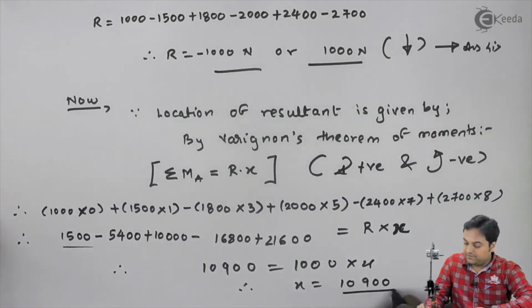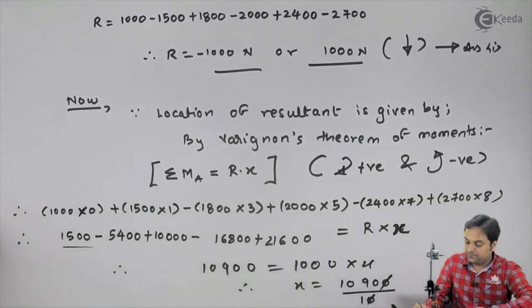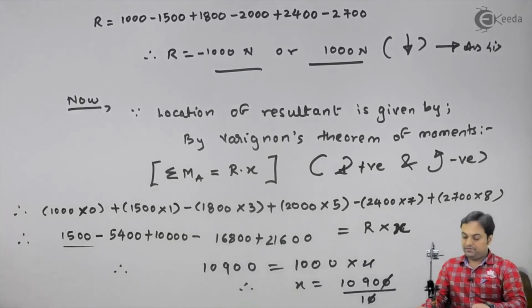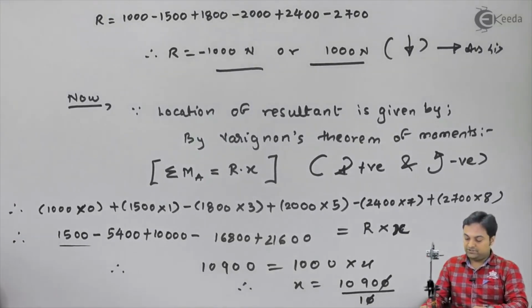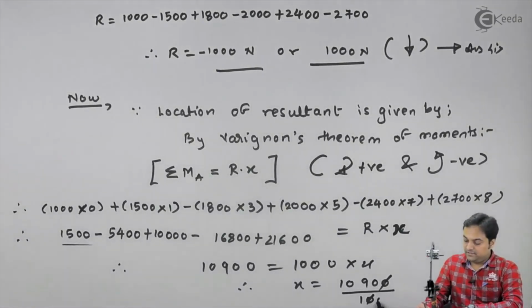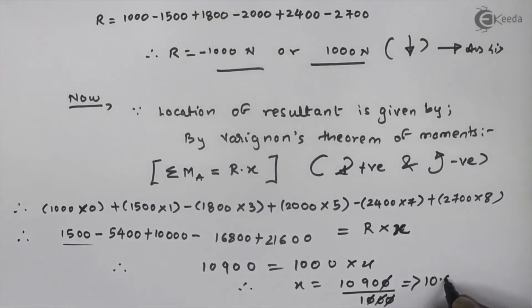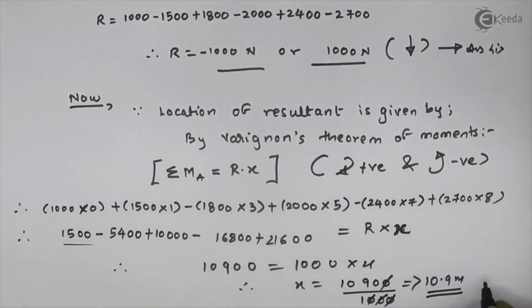10900 divided by 1000, which comes out to be 10.9. Since all the distances which I have taken are in terms of meter, the answer would be 10.9 meters from the 1000 Newton force.